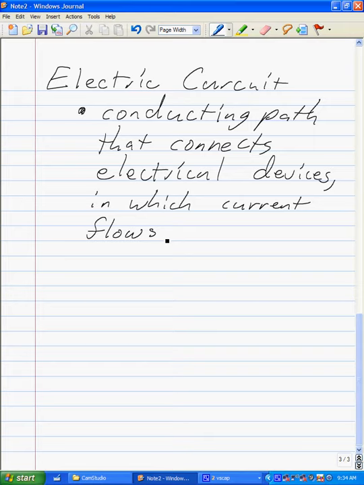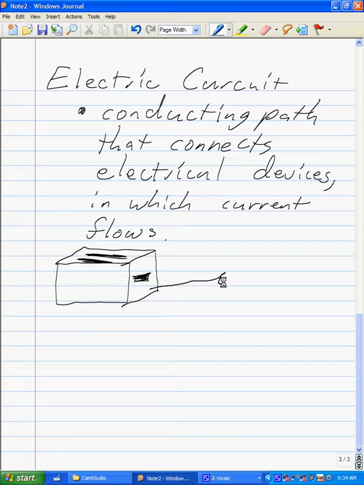So a great example is a toaster. Here's my toaster with my little slots on top and the handle on the side, and the plug. If you look at the end of the plug of a toaster, it has two metal prongs.